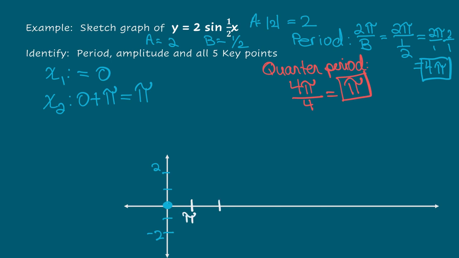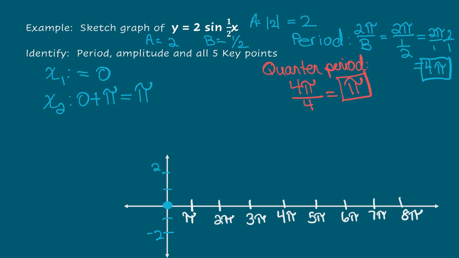My next point is going to be 2 pi, and then I'll have 3 pi, and then I'll have 4 pi, 5 pi. I'll just keep going and do 2 cycles again. 6 pi, 7 pi, 8 pi.